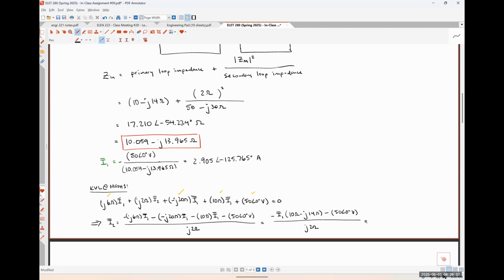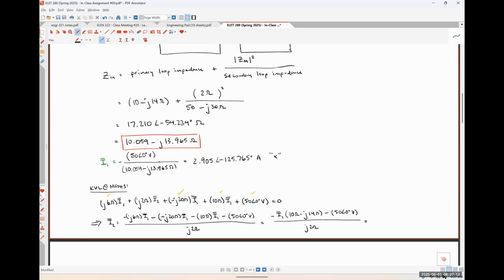And now this will be a little bit easier for me to put into my calculator. So I personally am storing that what we solve for as I1 in my calculator is X. And so now what I'm entering into my calculator is negative X times 10 minus 14i minus 50 angle 0, all divided by 2i. And I wound up getting a current of 0.996.